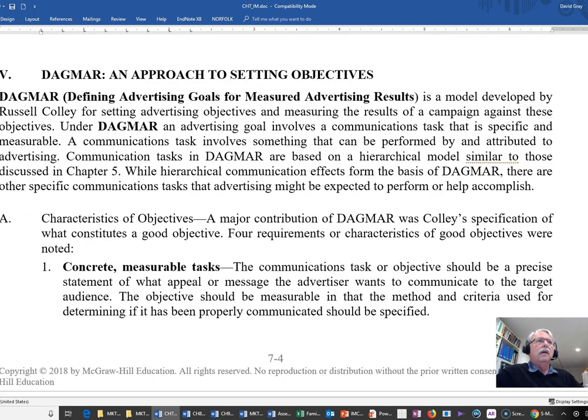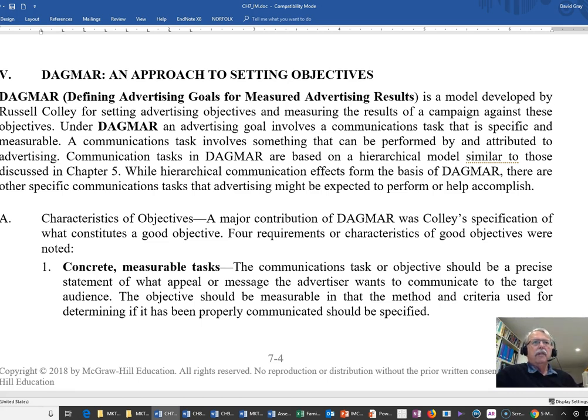So this leads to a discussion of DAGMAR, otherwise known as Defining Advertising Goals for Measured Advertising Results. It was developed by Russell Colley for setting advertising objectives. Essentially it's about a goal which involves communication tasks, a task that is specific and measurable. When you get back to the old SMART goals, they're spelled out in a slightly different manner here, but essentially you get to the same point.